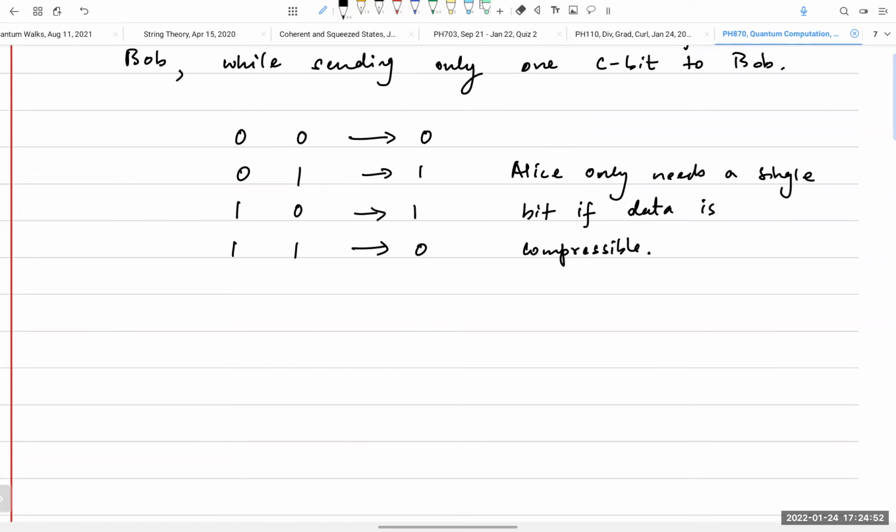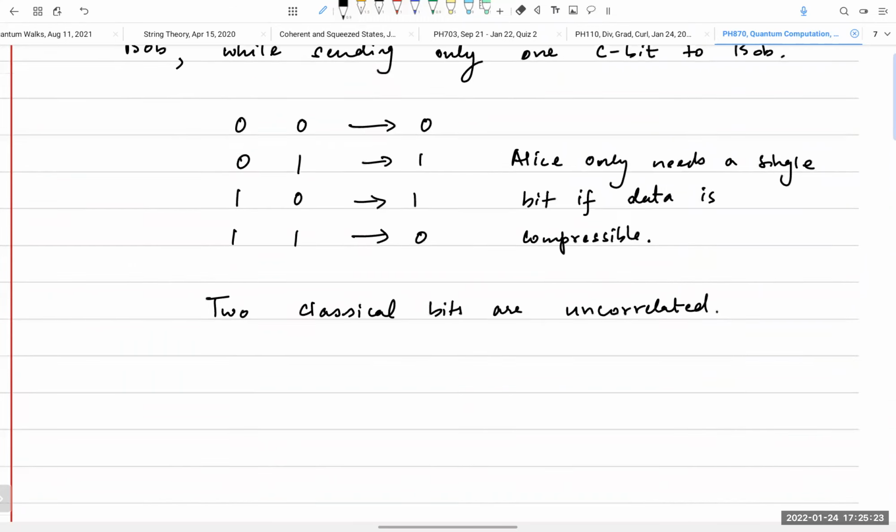So the assumption here is that the two classical bits are incompressible. Another way of saying that is that the two classical bits are uncorrelated, because if they are correlated, then you can use those correlations to compress the information.